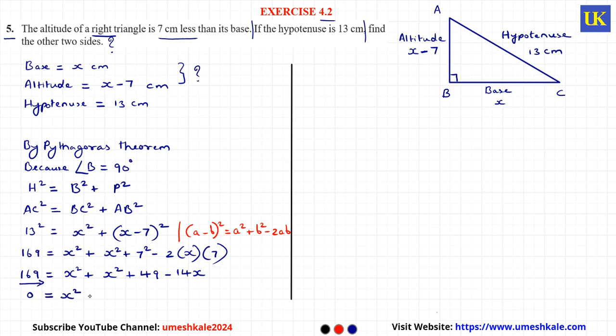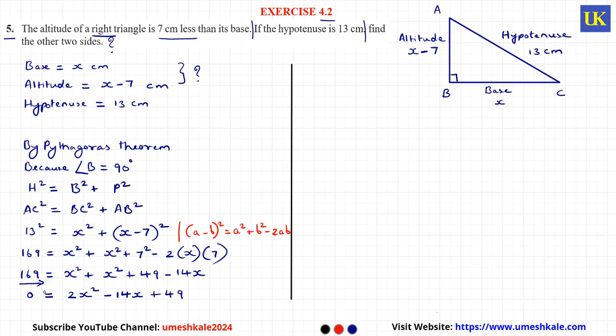So this x square and this x square we can add, so 2x square, and we will write minus 14x first, and then plus 49.